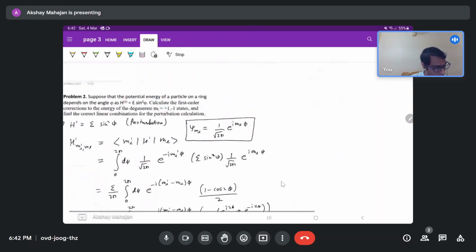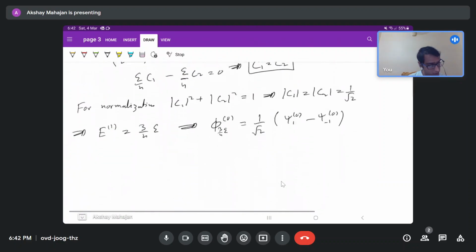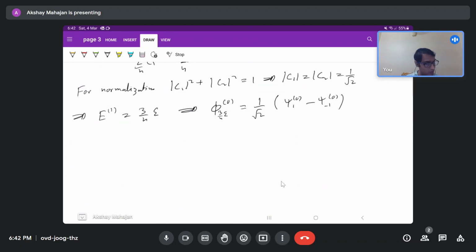So this is basically our psi ml for plus minus 1. So our 0th order new ground state will be a linear combination, and for 3 by 4 epsilon energy, it will be with a minus sign.